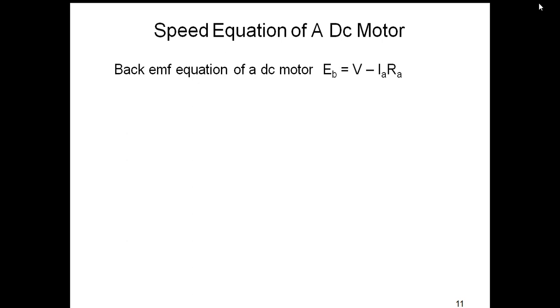We know that the back EMF of a DC motor is equal to EB, where EB is equal to V minus IA RA, where V is the applied voltage, IA is the armature current, and RA is the armature resistance.